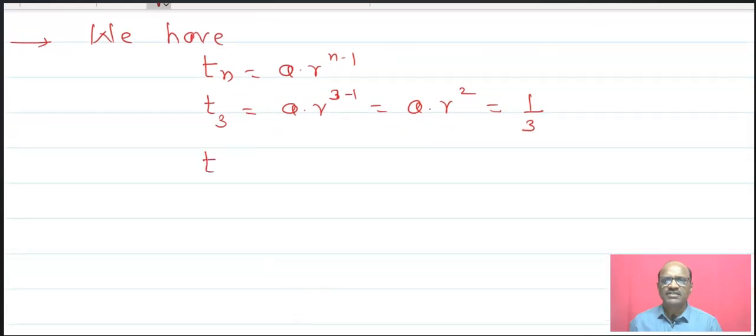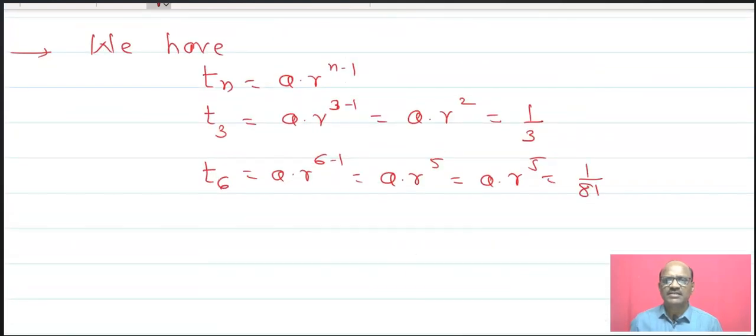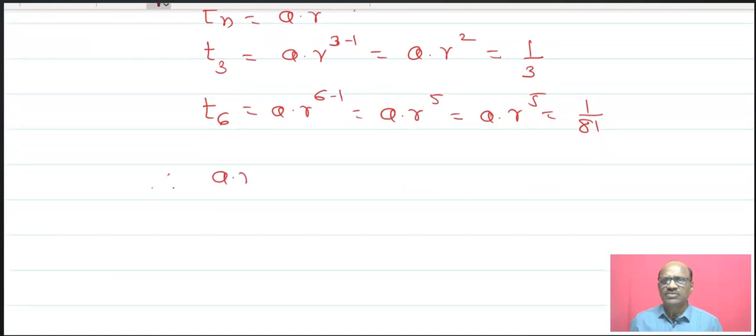Now we will simplify next. T6 is equal to A into R raised to 6 minus 1, that is A into R raised to 5, which is equal to 1 upon 81.